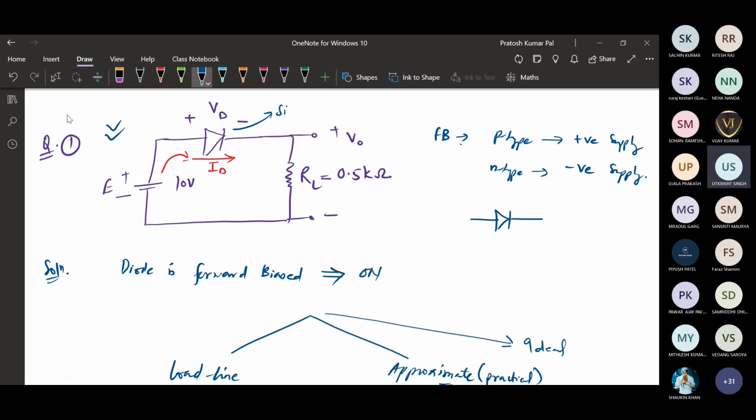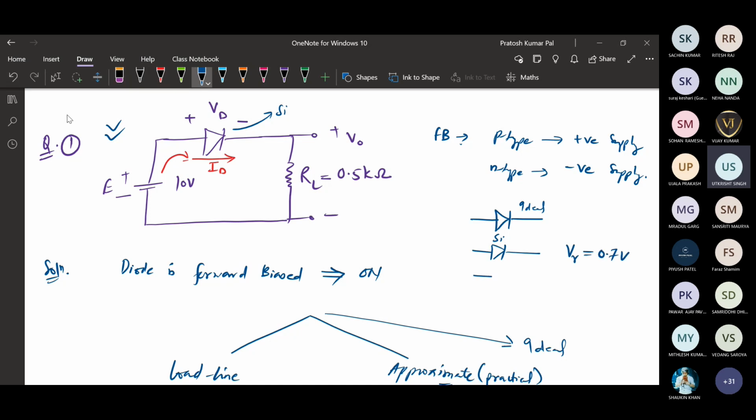If nothing is given, whether germanium, silicon or gallium arsenide, whatever material is used to fabricate the diode, we will consider it as ideal. If a diode is written like Si, that means it is a silicon diode, which is a practical diode. In that case, the knee voltage will be considered as 0.7 volt.